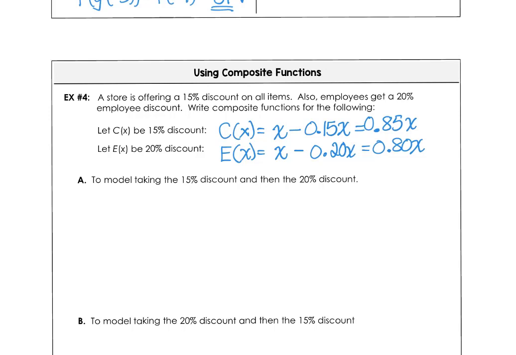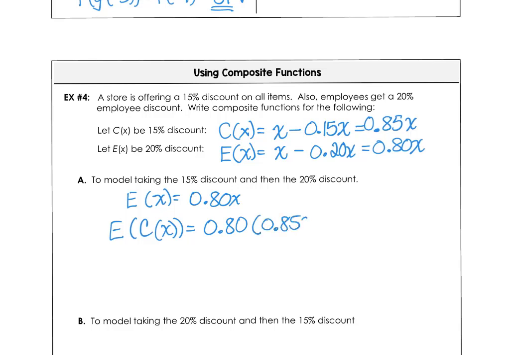Now for part A, to model taking the 15% discount and then taking the 20% discount. Well, we know the employee discount is 0.80, so we want to take the employee, so the cost of the item is 0.80, and we're substituting the 0.85 next.